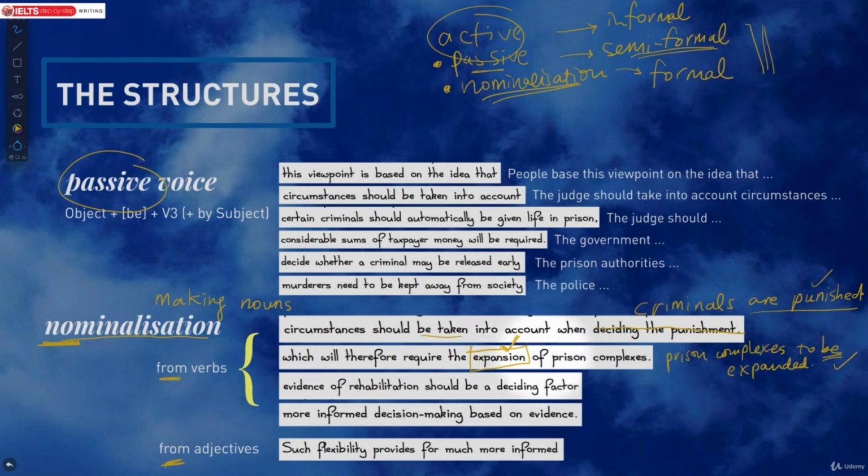Okay, right, let's have a look at this one. Evidence of rehabilitation should be a deciding factor, so there's rehabilitation.